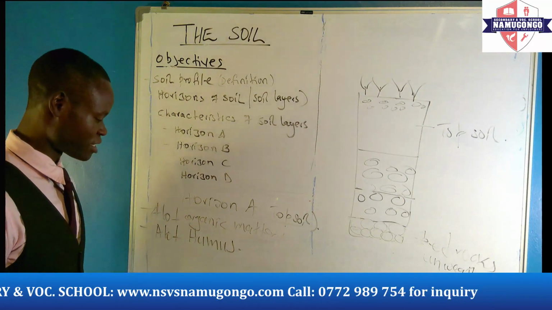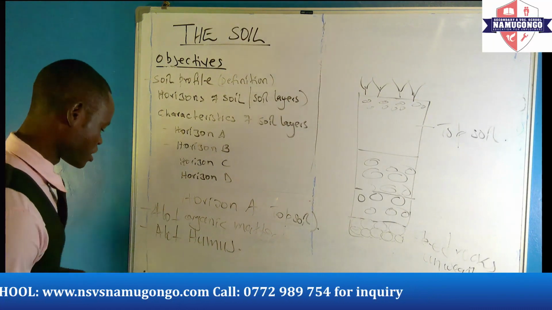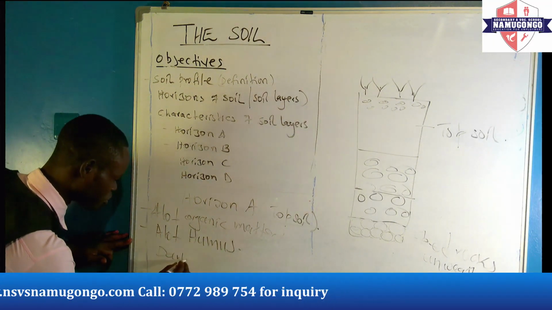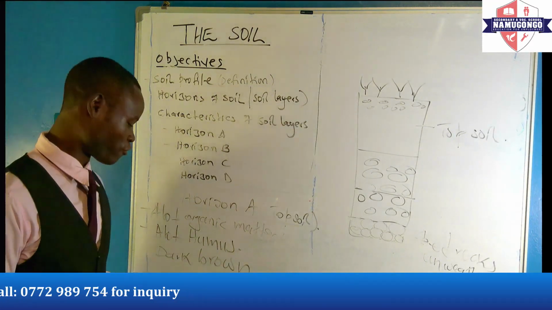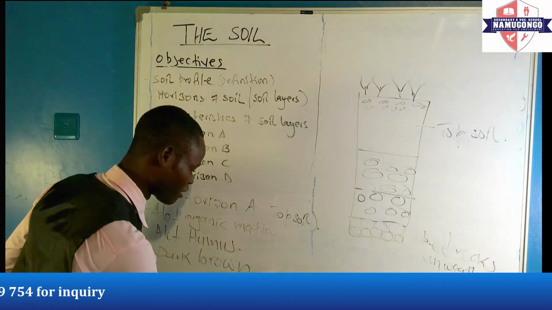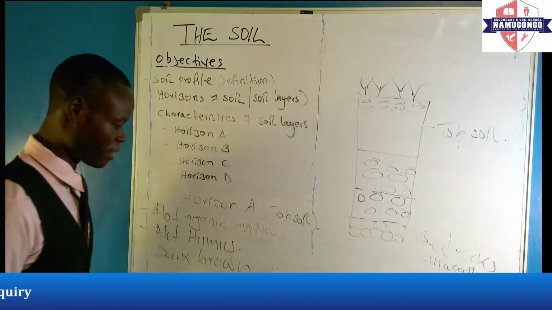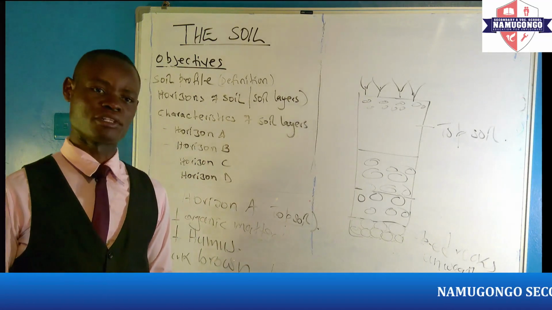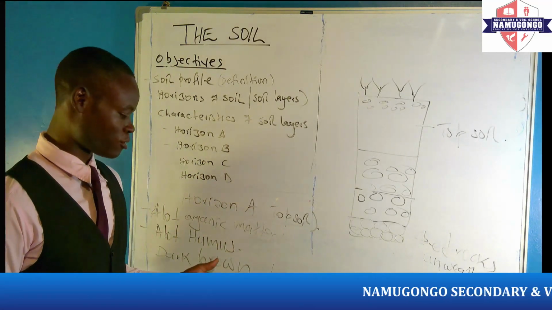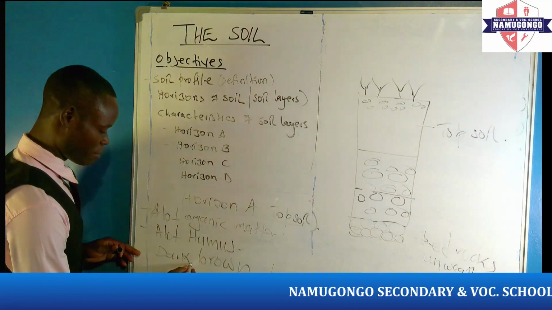The humus is darker brown, or the top soil is darker brown in color for a particular purpose. It is not darker brown for formality. And what is the purpose of the top soil being darker brown in color? We all know that dark color is responsible for absorbing what?